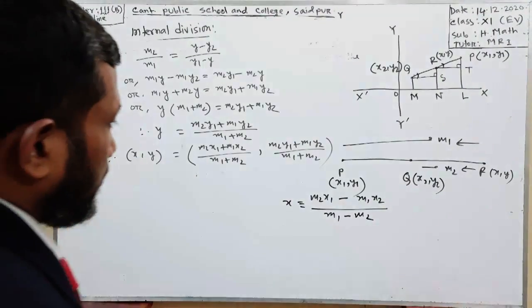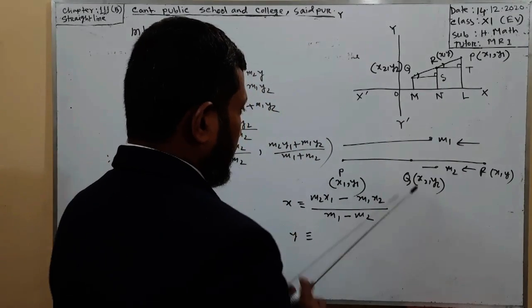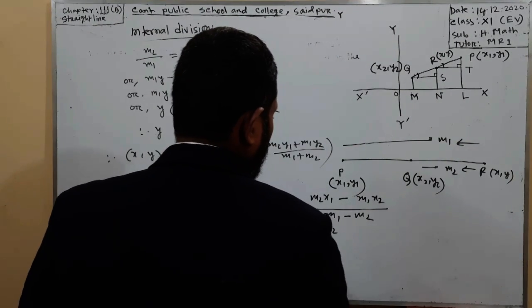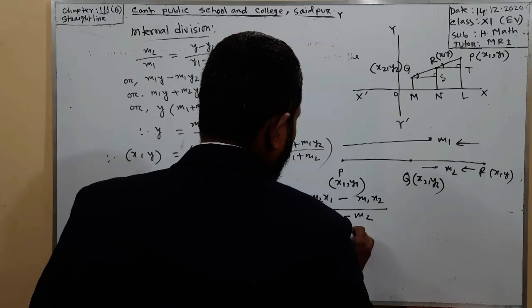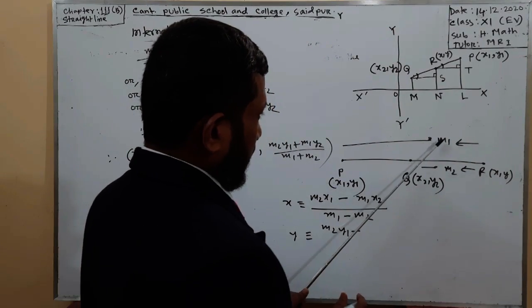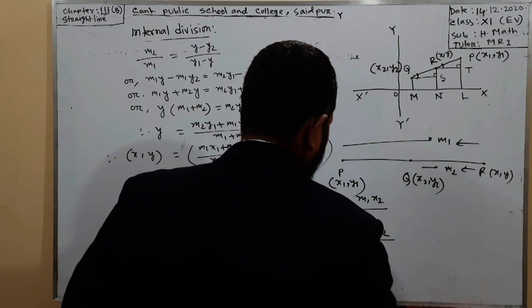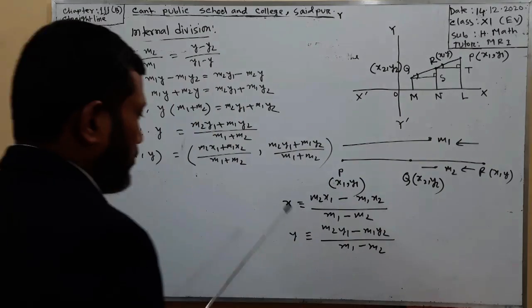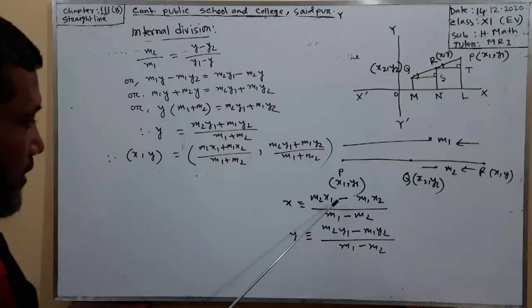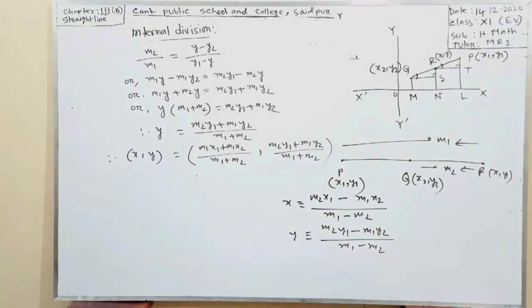The coordinates of y will be (m2 multiplied by y1 minus m1 multiplied by y2) divided by (m1 minus m2). For external division, here will be plus, here also plus, here minus, here plus, here minus.